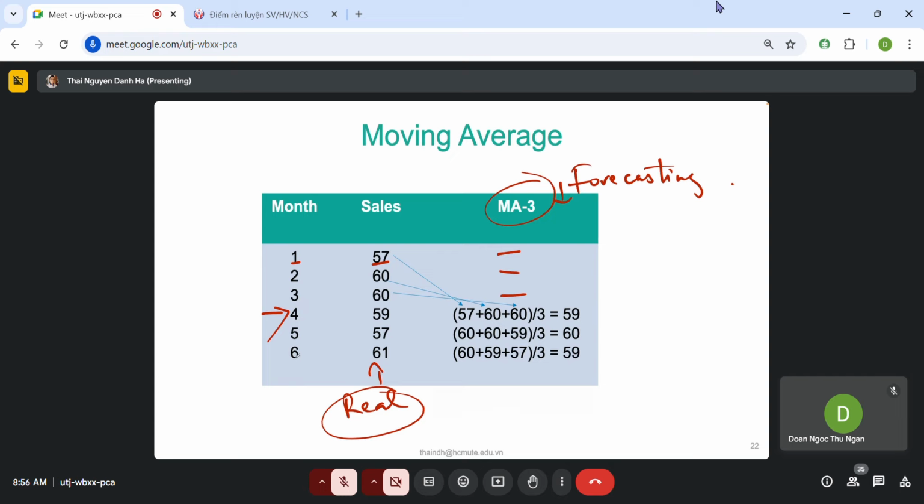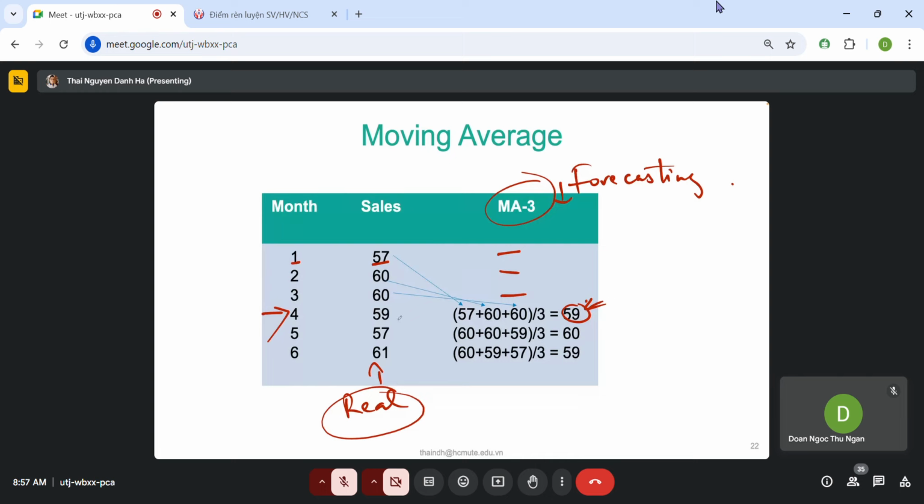If we want to find out the result for the sixth period, we need to use the data from periods 3, 4, and 5. So you take the number of January, February, and March, and find the average. And here is the forecast for April.